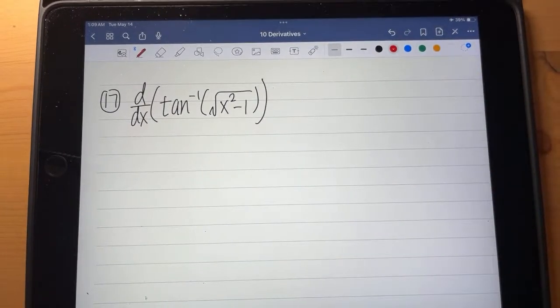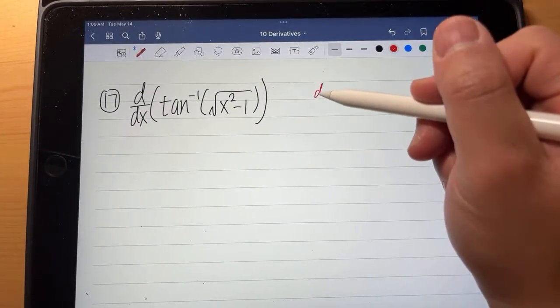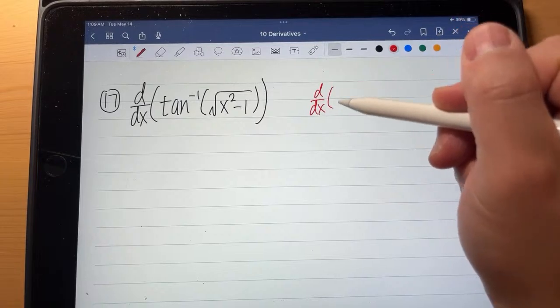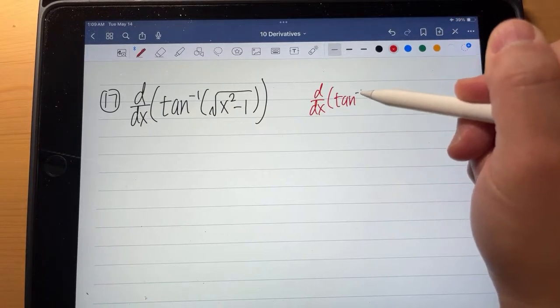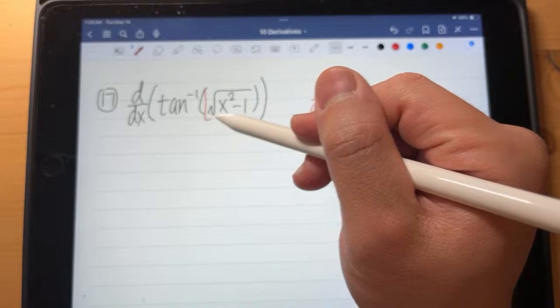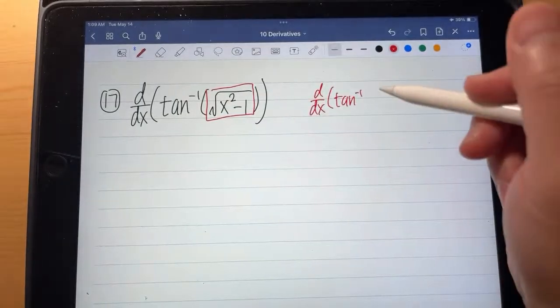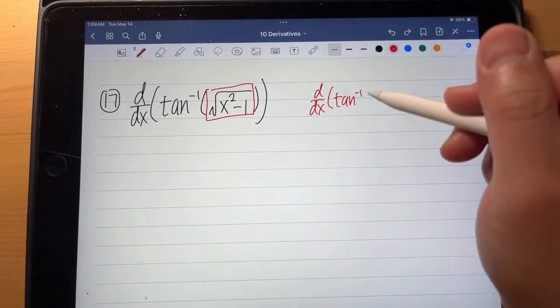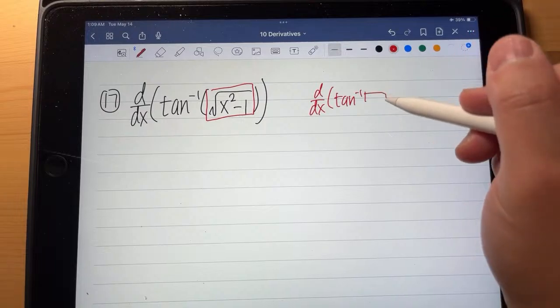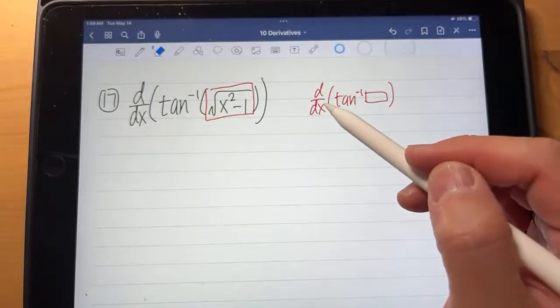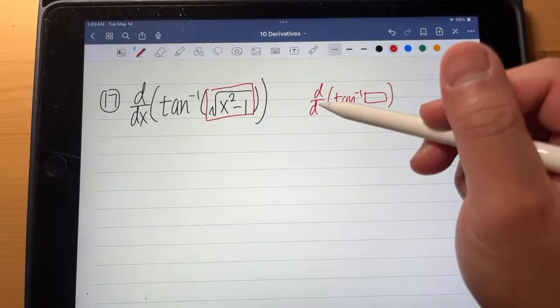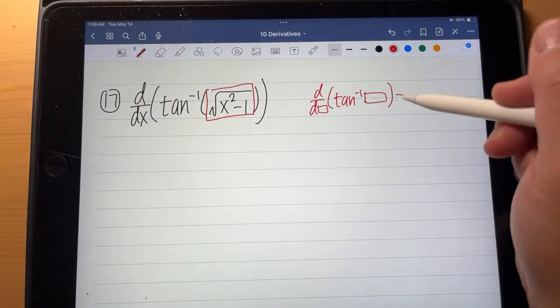All right, one thing you definitely have to remember is if you have the derivative of inverse tangent, and here it's like you have a box. So I'll just put a box. Cool, huh?